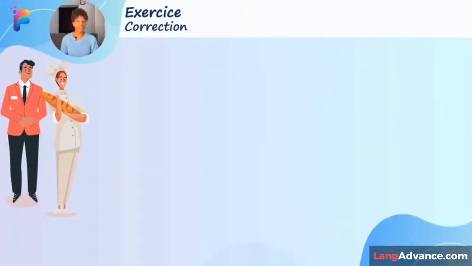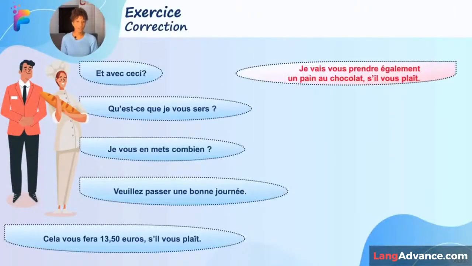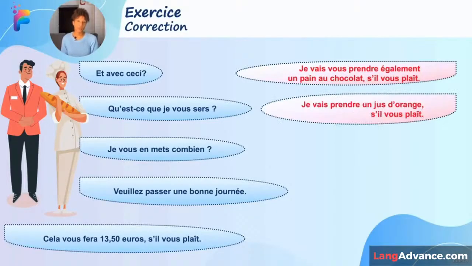Okay, correction time. Et avec ceci, so the correct answer would be je vais vous prendre également un pain au chocolat s'il vous plaît. With the sentence qu'est-ce que je vous sers? The answer was je vais prendre un jus d'orange s'il vous plaît. To the question je vous en mets combien?